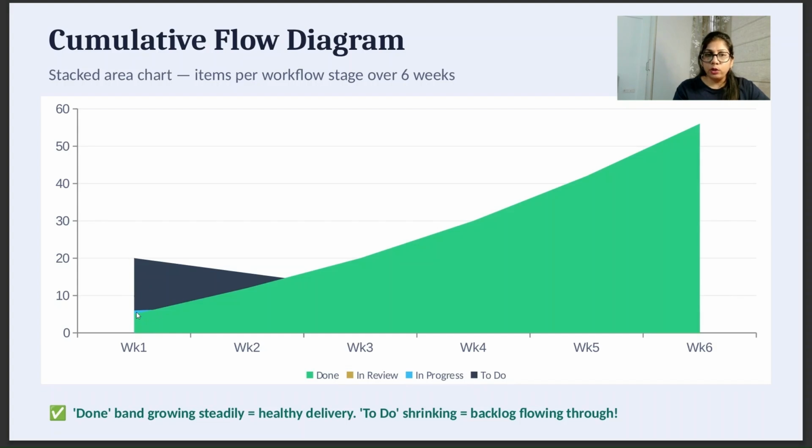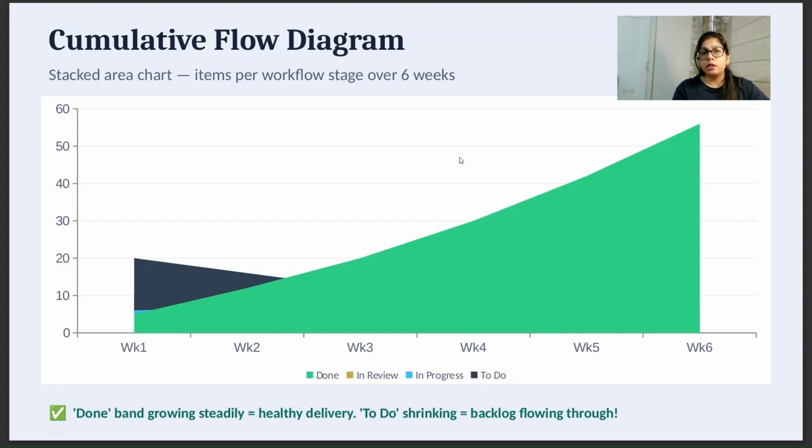If the blue line, the in progress items, is also narrow and growing, it means the work in progress limit is maintained. There are no breaches of the work in progress limit. If you see the black, the to do items, the backlog items are getting reduced. It means that the backlog is flowing through.